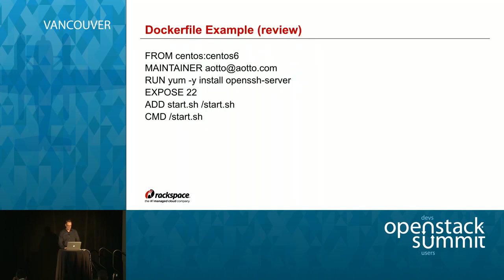So Docker files, this is what I showed you earlier. From, maintainer, run, expose, add, and CMD. Remember, run only happens when you build the image, and CMD only happens when you run the image.